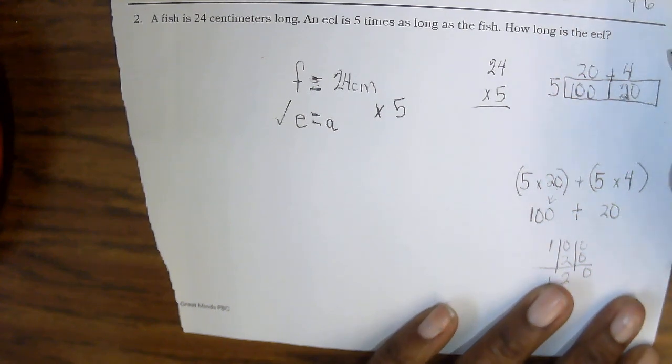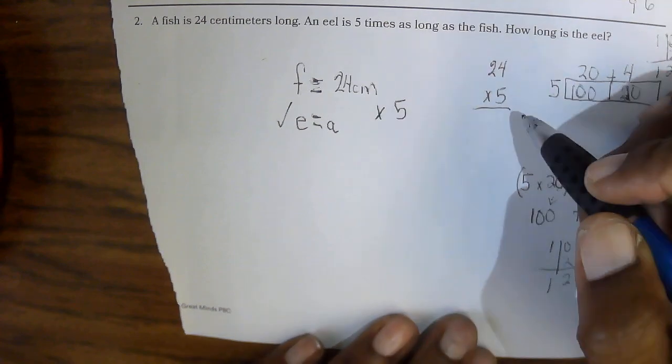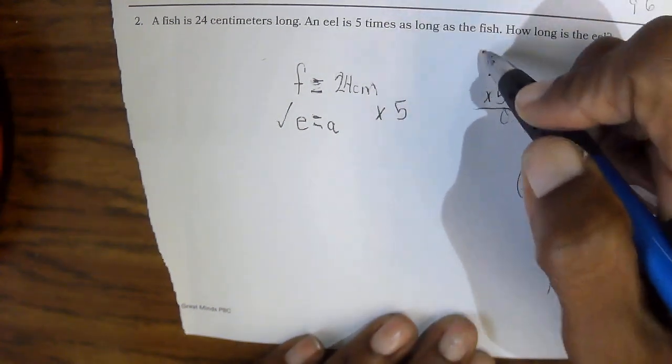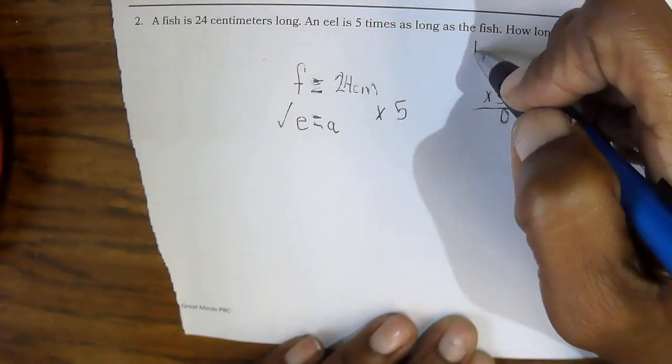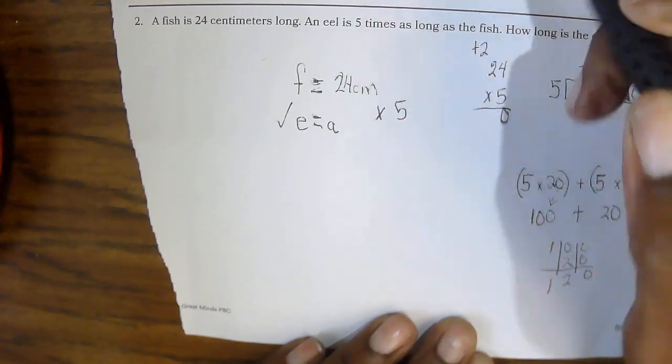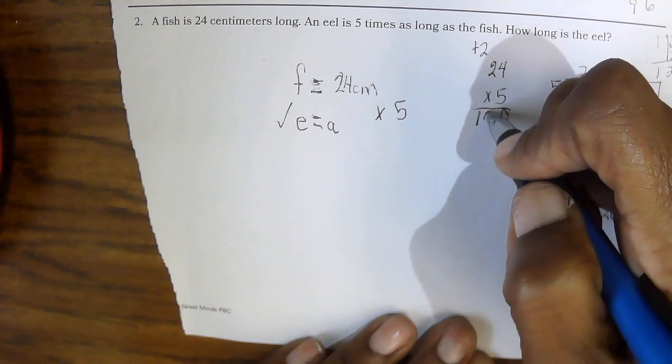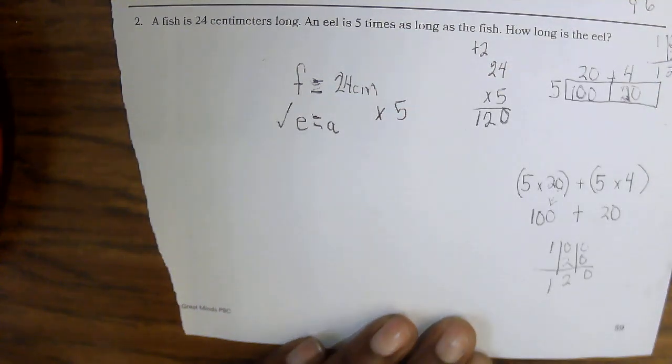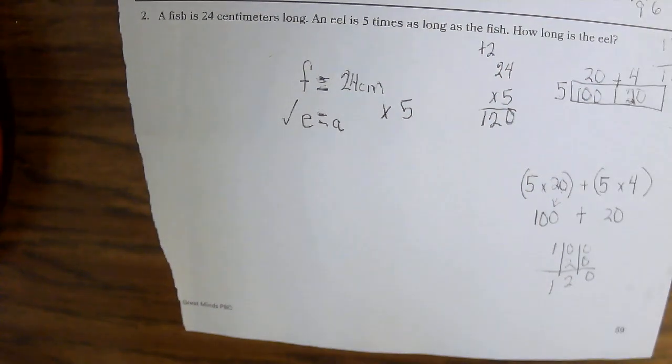And when I do my 2 lines, I have my 100 and I have my 20. 120. And then here, 5 times 4 is 20. 2 times 5 is 10. Plus 2 is 12. And these are the 3 ways that we've been working on our multiplication.